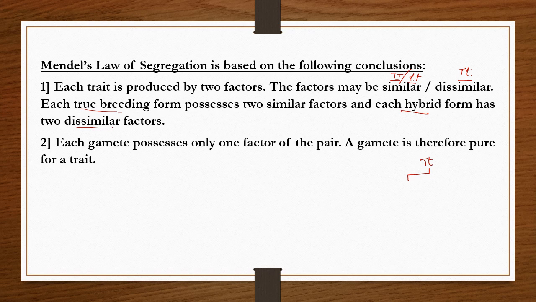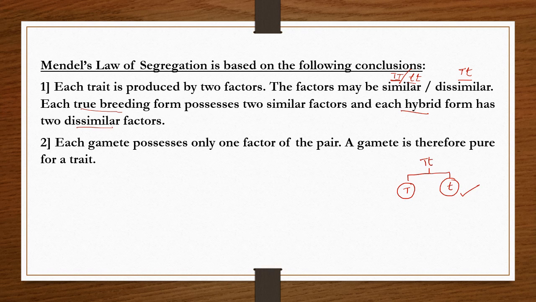During gamete formation, it forms two gametes, a gamete with capital T and a gamete with small t. And this gamete is pure for a character. It is pure, that means this gamete has only capital T, only the character of tall, and this gamete has only the character of dwarf, small t.